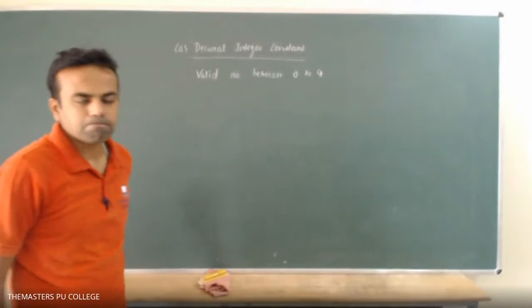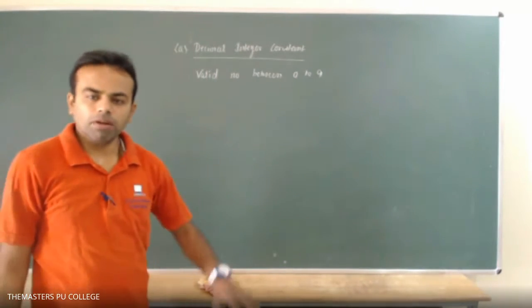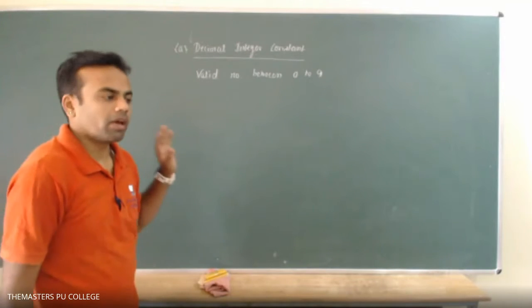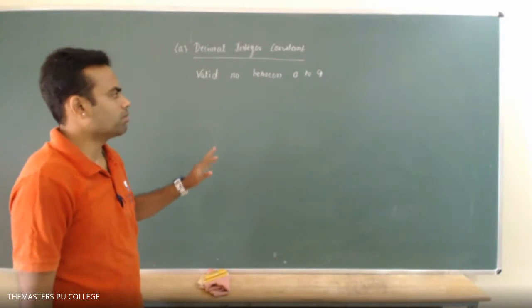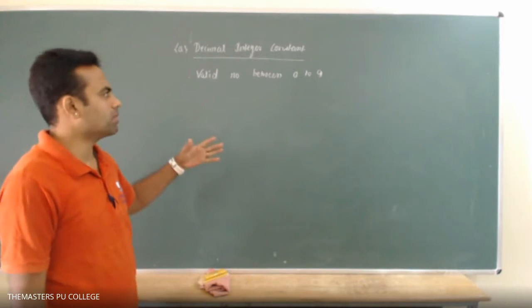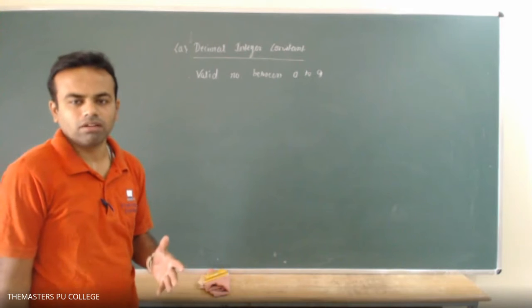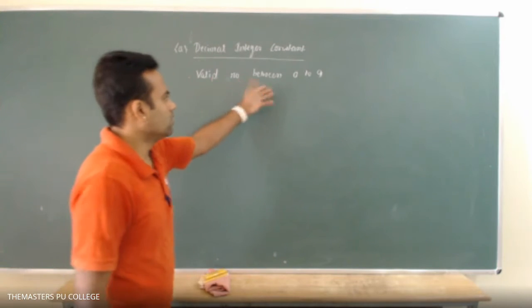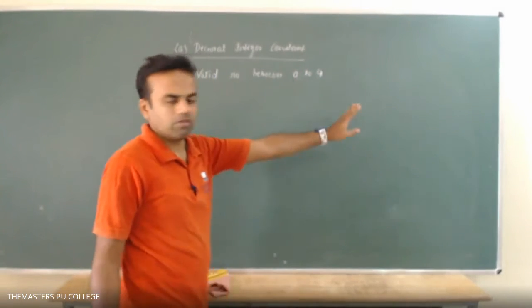Will you agree? It may be positive or negative. The base of the decimal number system is 10, as we know, so valid numbers between 0 to 9 we call decimal.